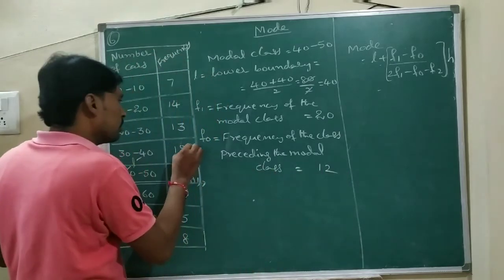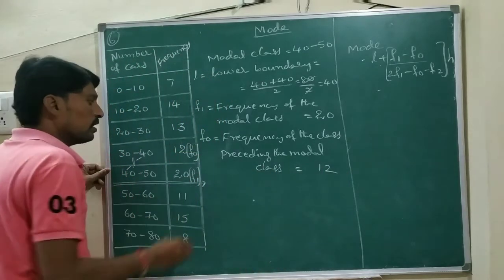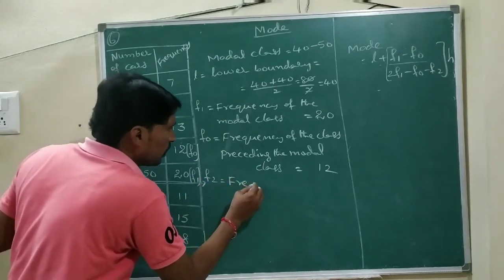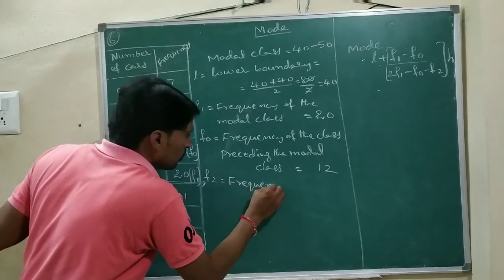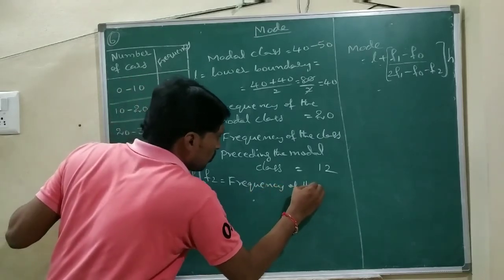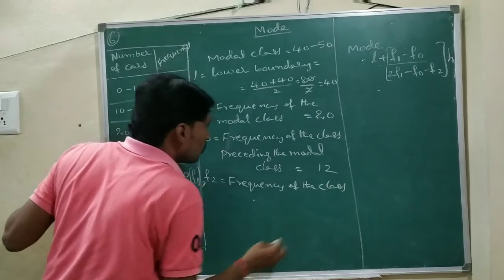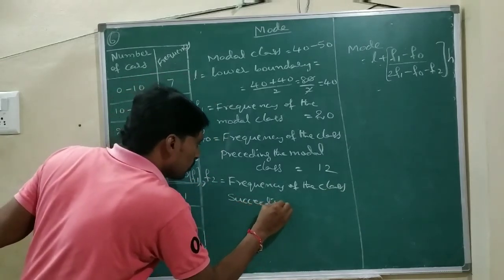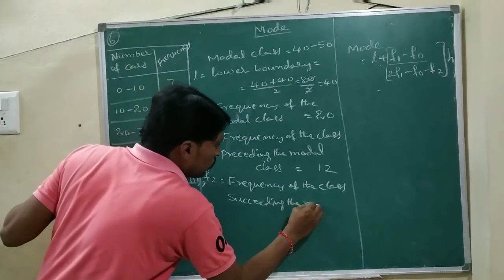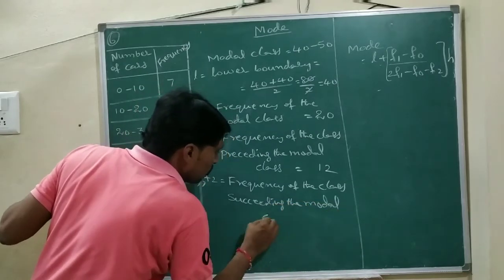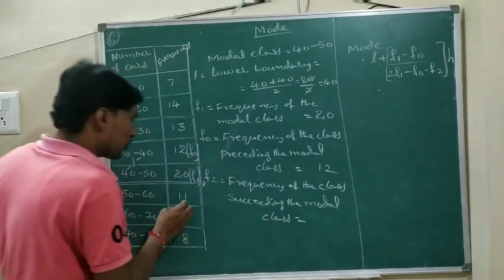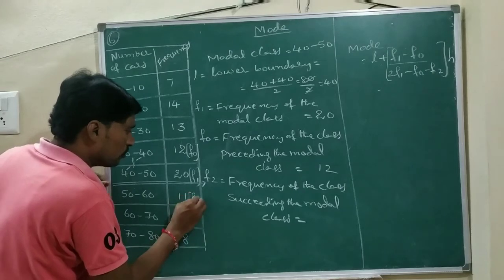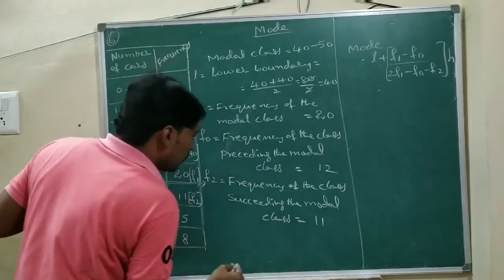This is F0. Next, F2. F2 is the frequency of the class succeeding the modal class, that is the next class frequency. We are taking it as 11.